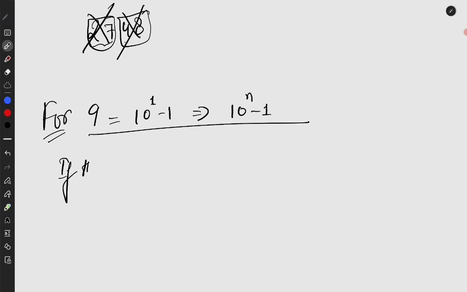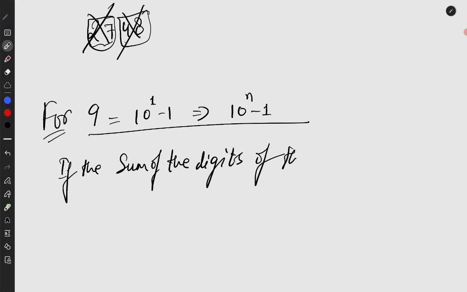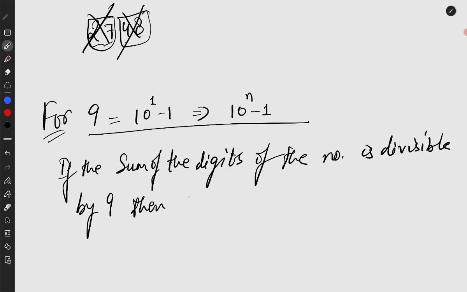If the sum of the digits of the number is divisible by 9, then the number will also be divisible by 9.